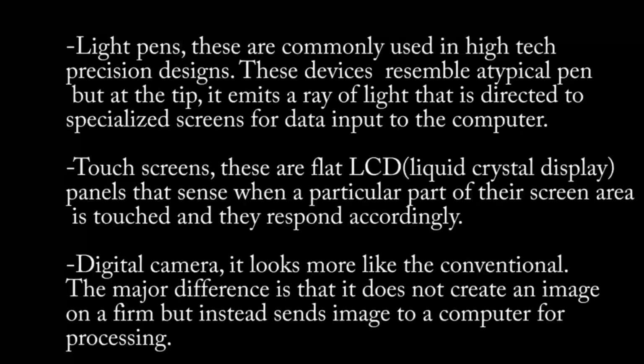These are commonly used in high-tech precision designs. These devices resemble a typical pen, but at the tip, it emits a ray of light that is directed to specialized screens for input to the computer.